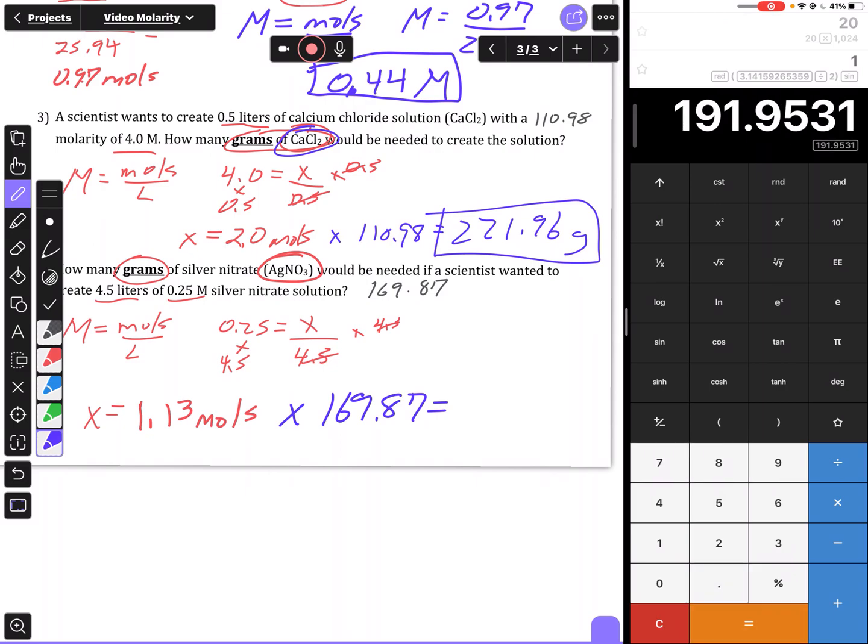And my answer to 2 decimal places will be 191.95, and that would be grams.